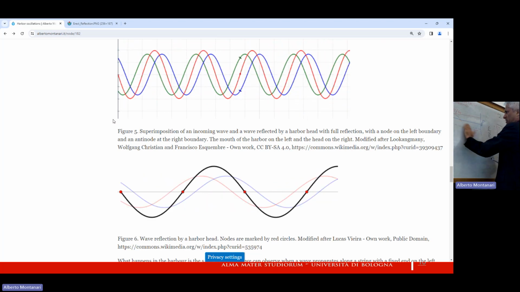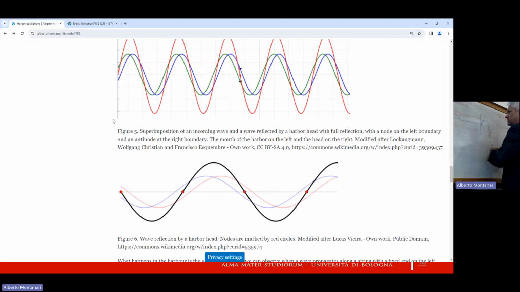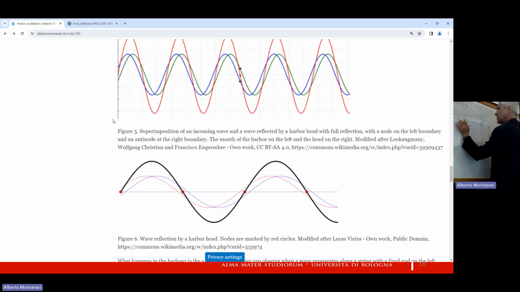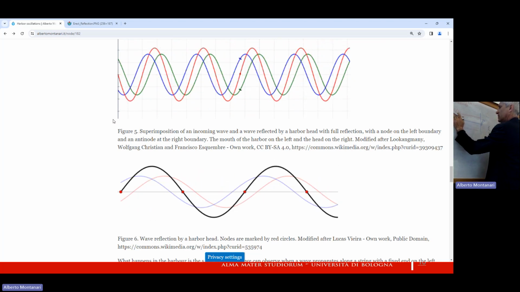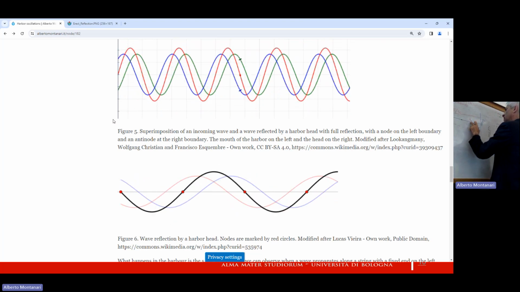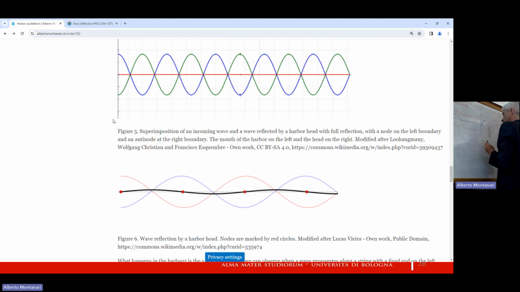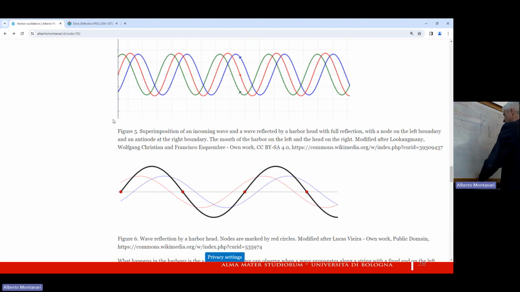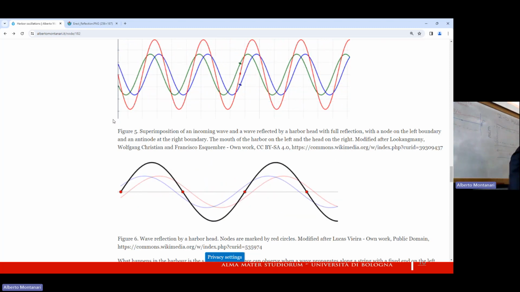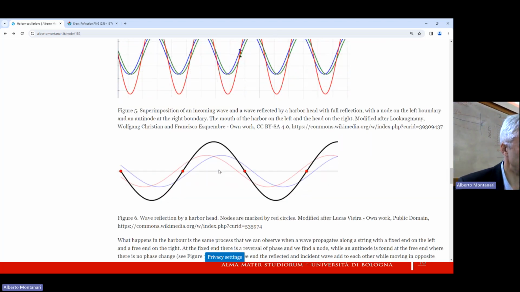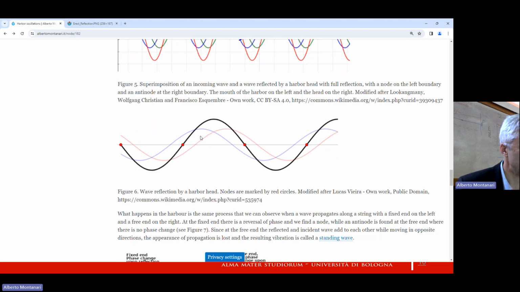There is only one node here. Let me look at this figure because I don't want to make a mistake.